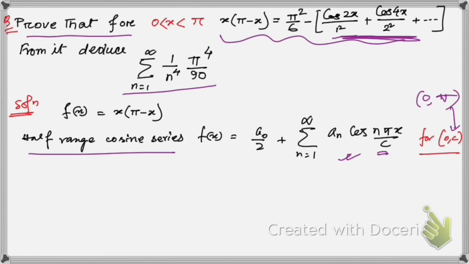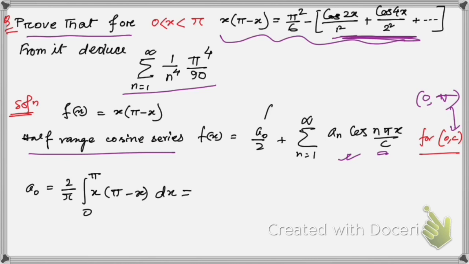Now let's proceed. First let us find a naught. Hope you know how to find a naught. So a naught will be given by 2 by c, that means in this case 2 by pi, integral from 0 to c, that means 0 to pi, of f of x, that is x into pi minus x, dx.